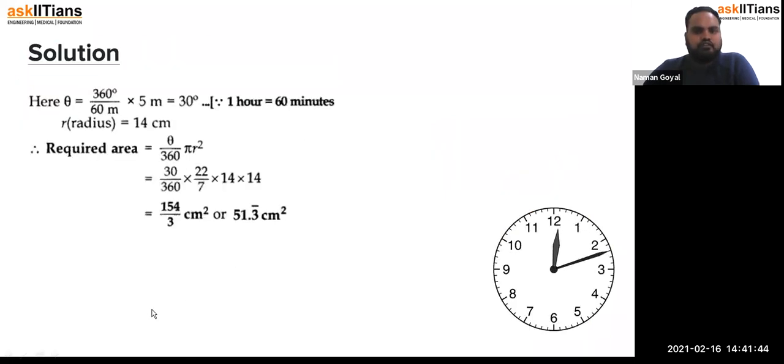If you see the solution, you will get the same answer. 154 upon 3 can also be written as 51.3 bar.